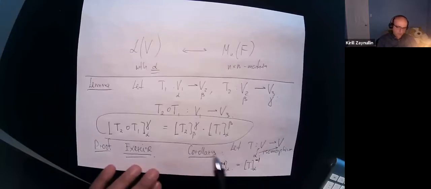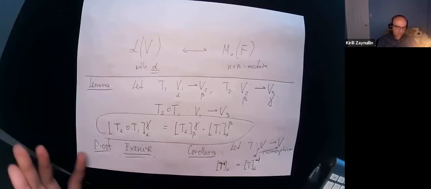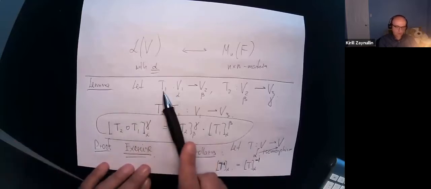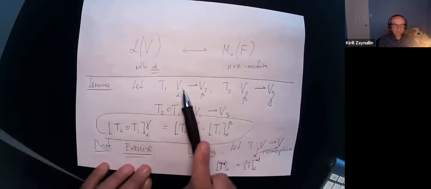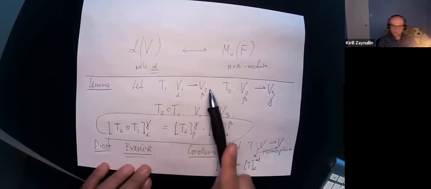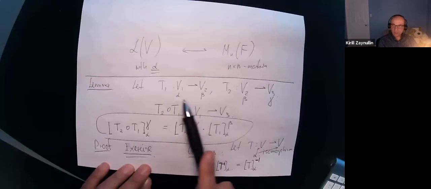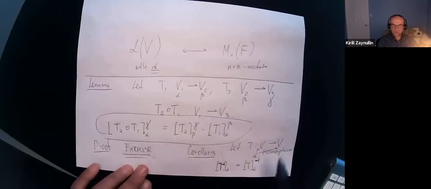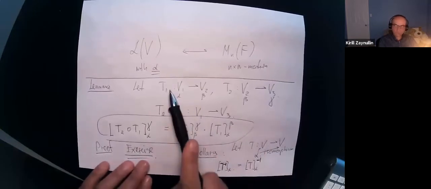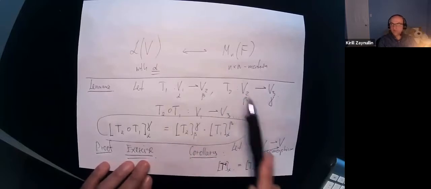So how does one get this consequence? Well, you just substitute. I mean, you just take this lemma, take V1 to be equal to V2 and V3. All bases have to be the same, just coincide with alpha. And take T1 to be T, and take T2 to be T inverse.